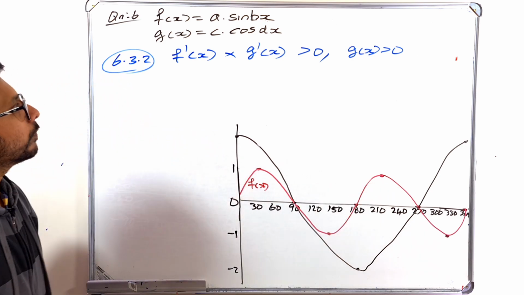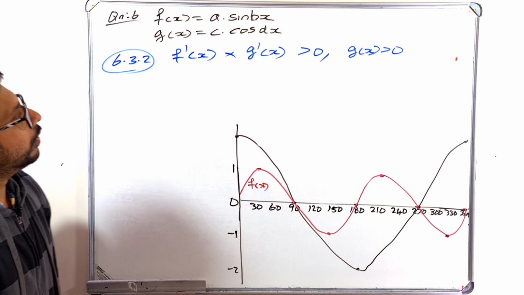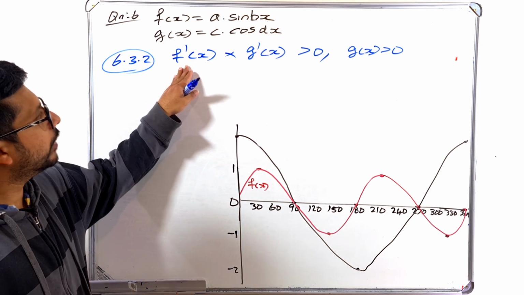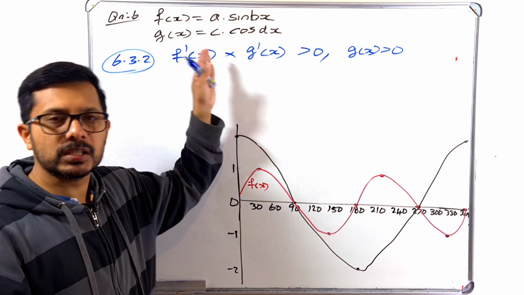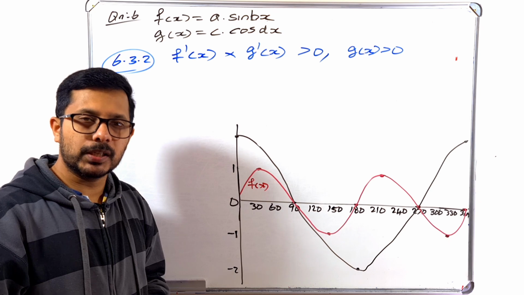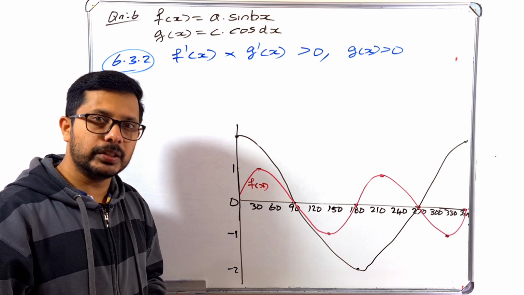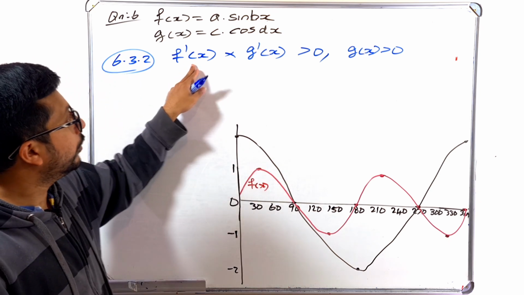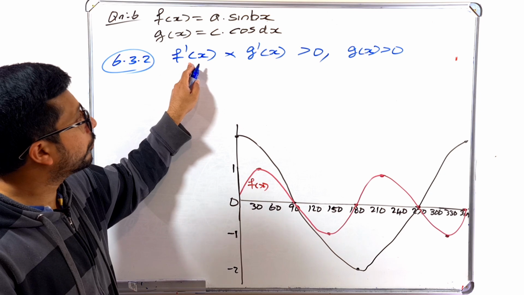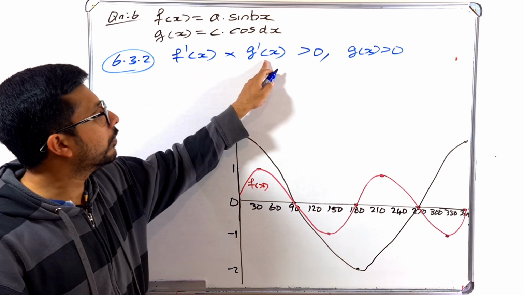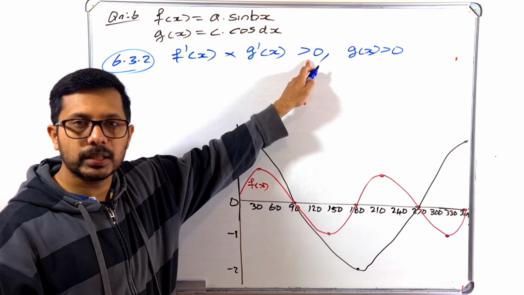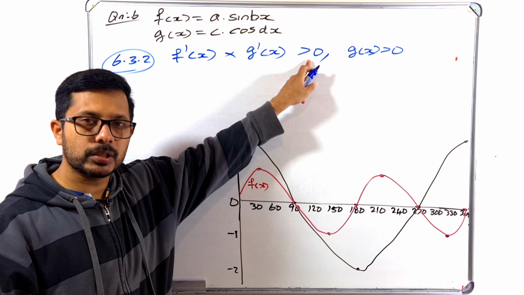So now how can you find the answer to this one? f dash of x times g dash of x. What is f dash, or f prime? It's a derivative. When you multiply the derivative of f of x and the derivative of g of x, the answer is positive. Greater than 0 means positive.